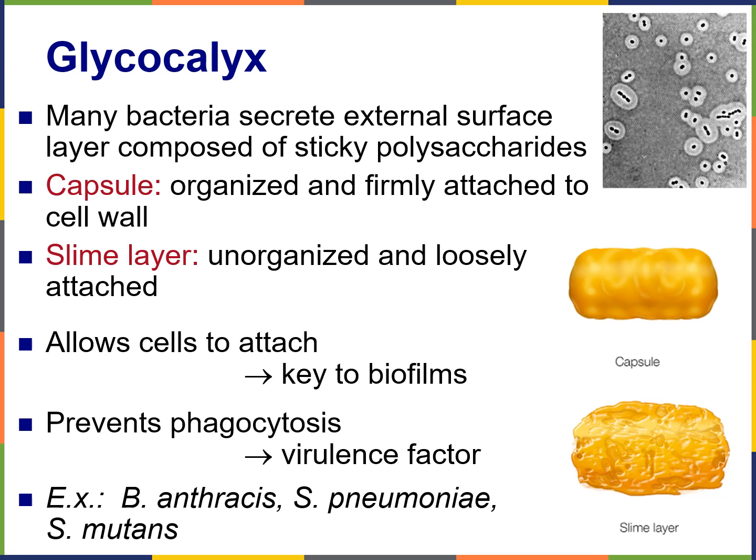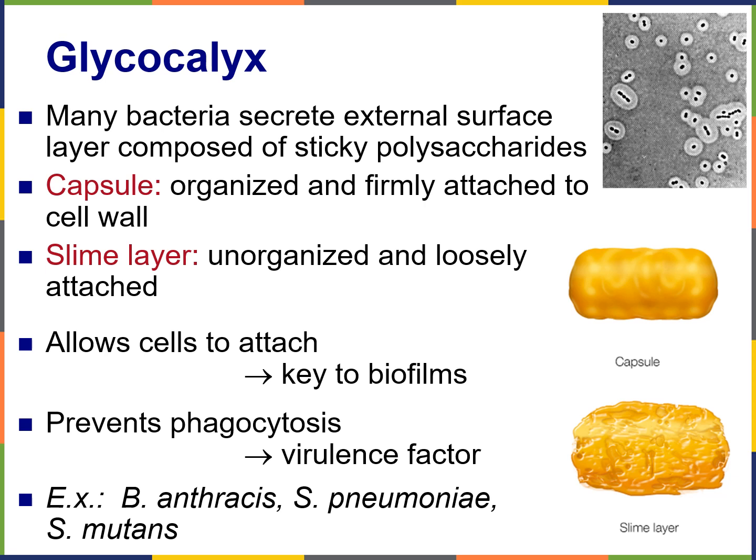So if the glycocalyx is present, those cells cannot be phagocytized. So say you have a pathogenic bacteria that enters your body, your immune system says, oh no, that's not supposed to be here. Let's engulf it and break it down. But if that pathogenic bacteria has a glycocalyx around it, then those phagocytes cannot engulf it and break it down.